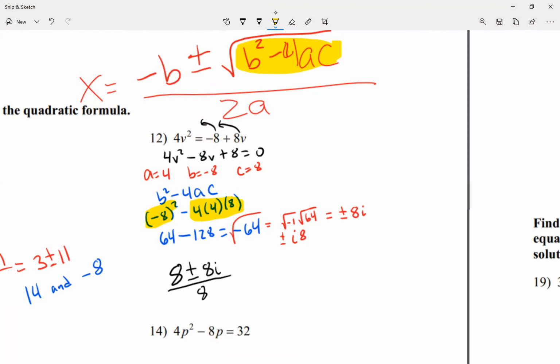Let me take a look at my whole numbers. I feel like I can divide them all by 8, right? Let me simplify this. So I get 1 plus or minus 1i all over 1.